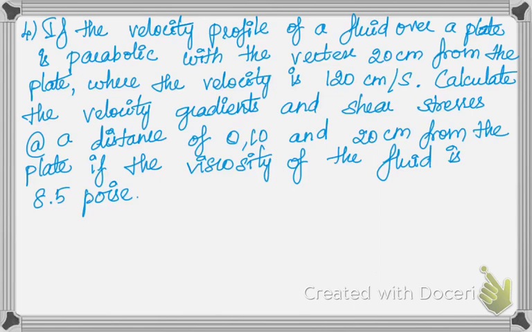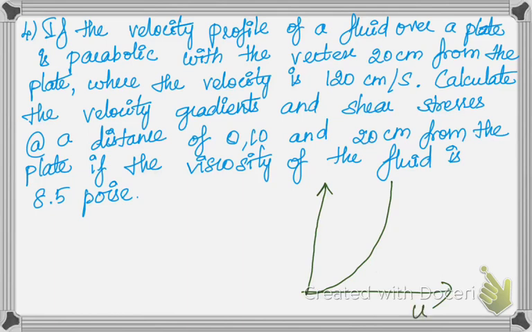So what they have given is that you are having a velocity profile of a fluid. So if the profile is given, just draw like this. So the velocity profile of a fluid over a plate is parabolic, which means it is given in a parabolic shape with the vertex 20 cm from the plate where the velocity is 120 cm per second.